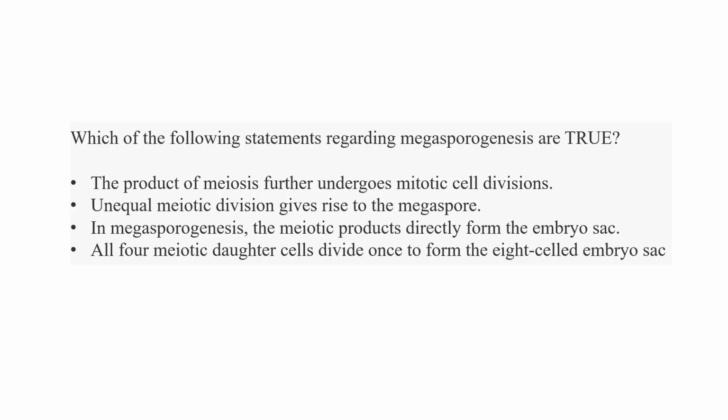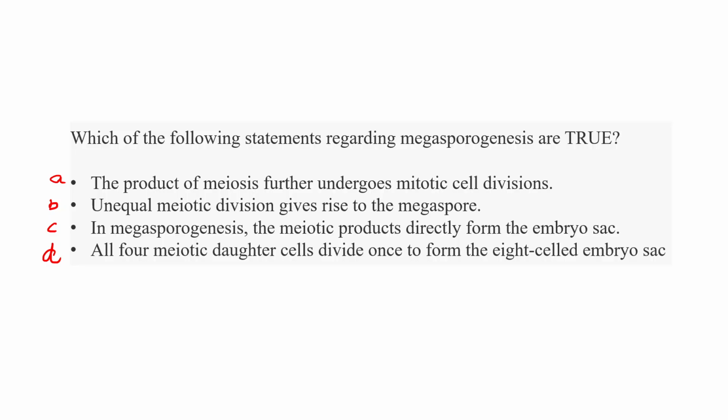The first question is, which of the following statements regarding megasporogenesis are true? Let me label them A, B, C, and D. A, the product of meiosis further undergoes mitotic cell divisions. B, unequal meiotic division gives rise to the megaspore.